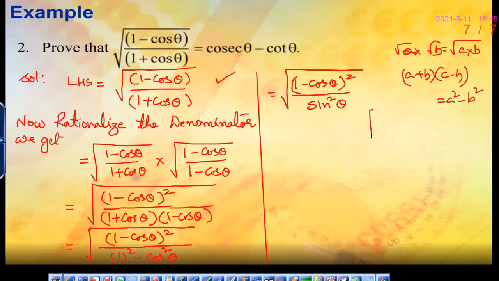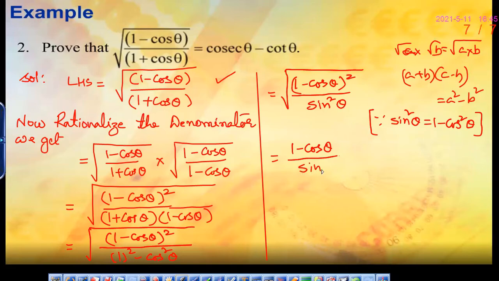That's a fundamental identity, since you can write sin square theta is equal to 1 minus cos square theta. So under root of 1 minus cos theta whole square is 1 minus cos theta, divided by root of sin square theta, which is sin theta.